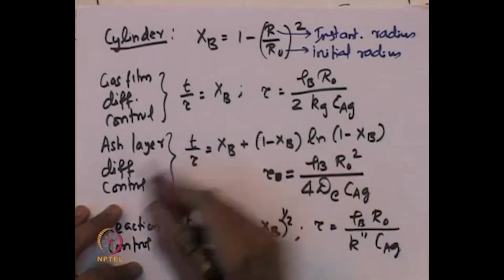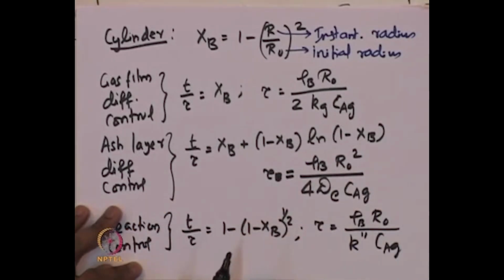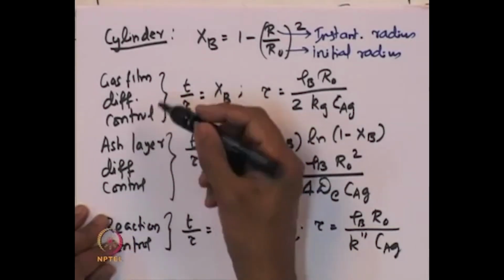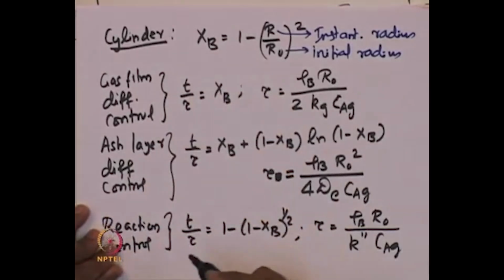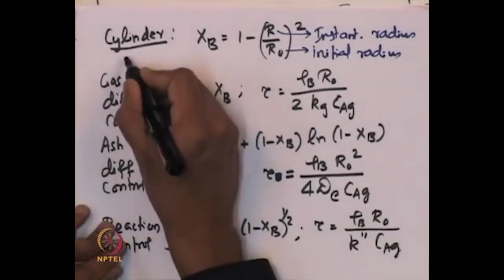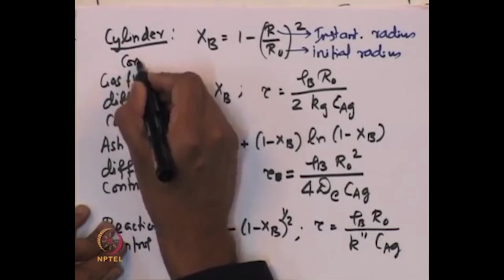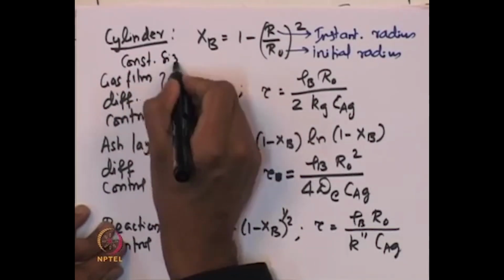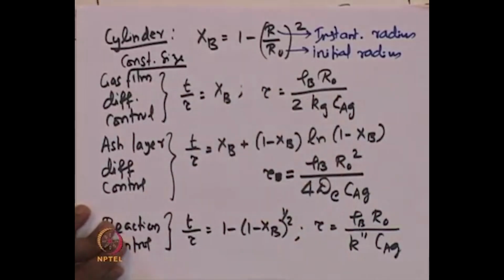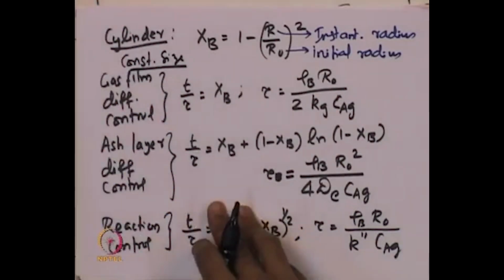So, this sort of summarizes the various times taken for the core to reach a certain radius, if the overall reaction is controlled by the different resistances which are available in the system. All these are for a constant size system, and similar expressions can be worked out for varying size as well.